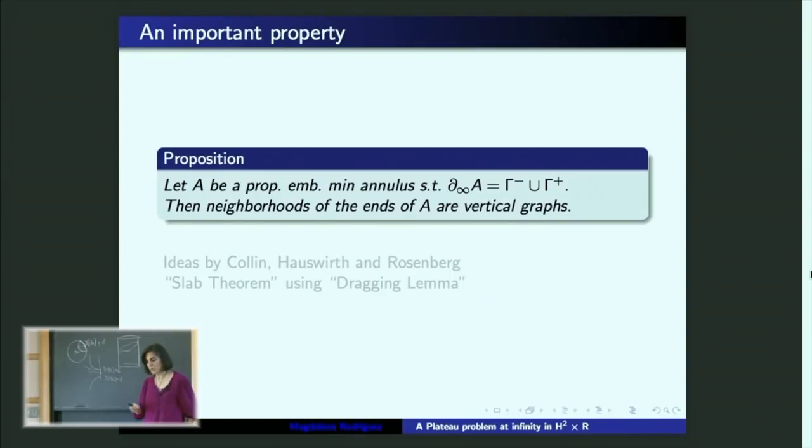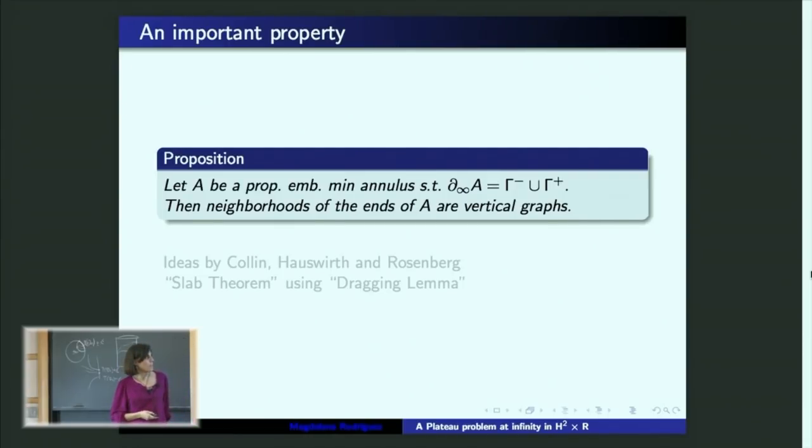Trying to deal with this problem, it wasn't as simple as we thought at the beginning. We tried to look for some properties that they satisfy. An important one is that, in the case one such annulus exists, a neighborhood of each one of the ends has to be a graph.